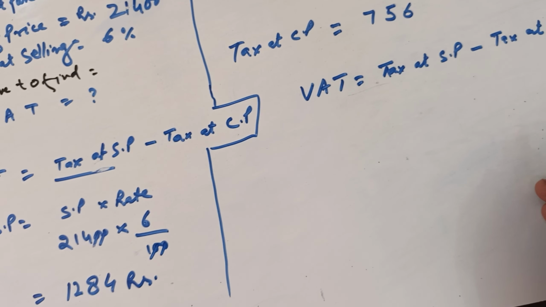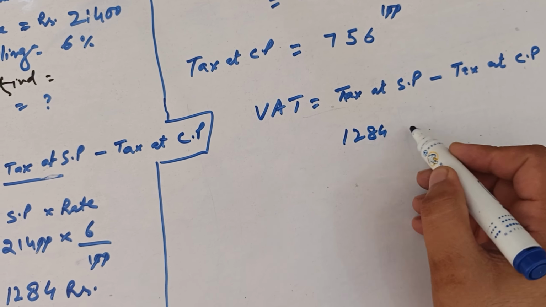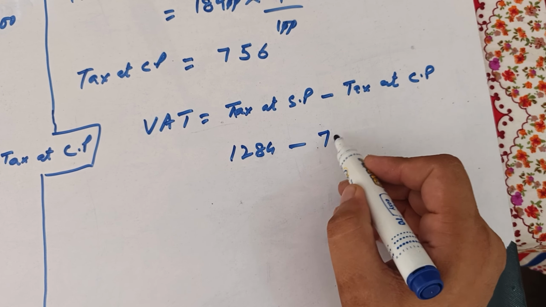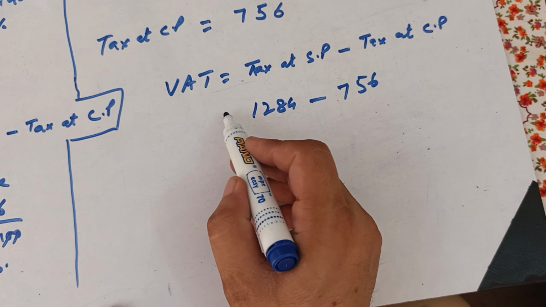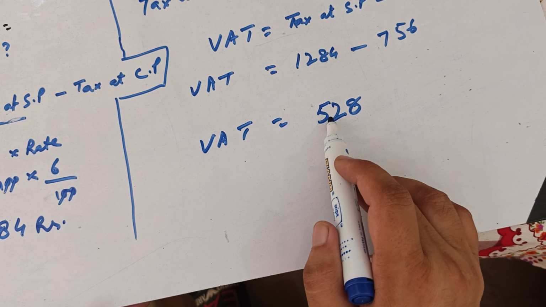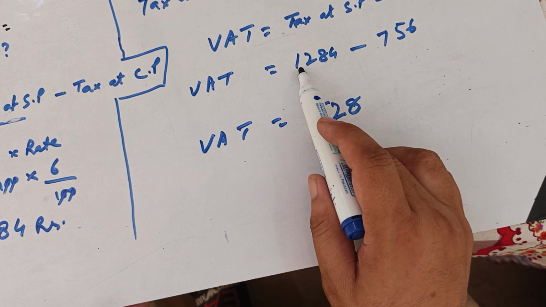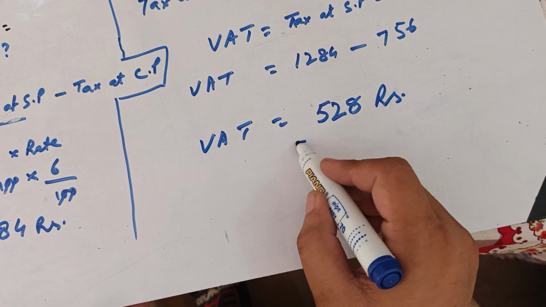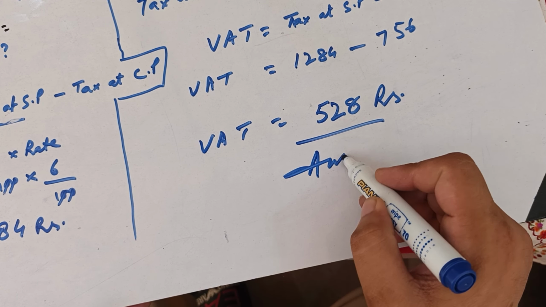So tax at SP 1,284 minus tax at cost price, which is 756. After subtracting 756 out of this, we got 528. So the value added tax is 528. It is the answer.